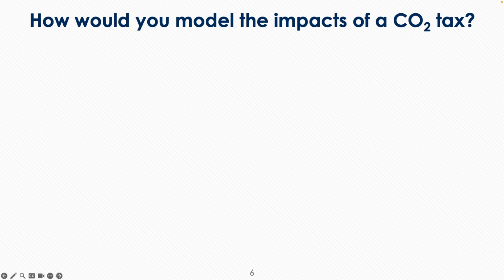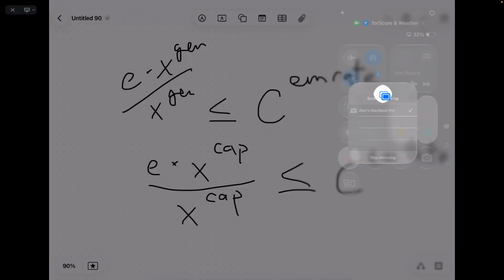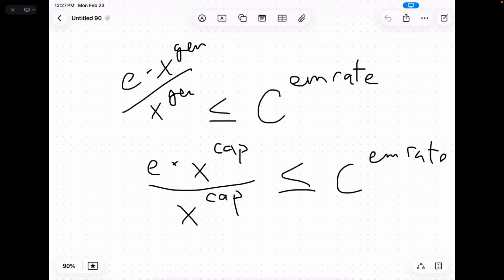Basically looking at how much the government is getting versus what is being done. Because you increase the cost, right? If you have a coal power plant, it's much more expensive to run it because you have a lot of emissions. If the tax is low, the effect might be very small, but if the tax is high, you probably prevent coal from being run, except if you really need it.